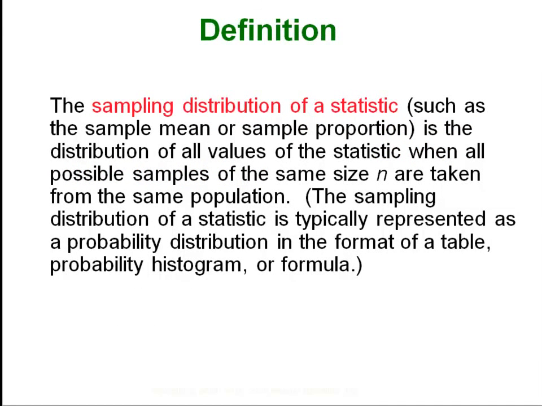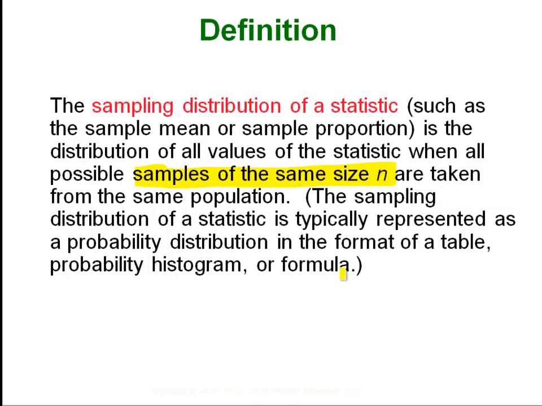Okay, so let's start off by talking about what a sampling distribution actually is. A sampling distribution of a specific statistic is basically just sampling over and over again of the same size. So you're going to take samples of the same size n from a population, and then you're going to generate a statistic from each of those samples, whether it's a mean or a proportion or a standard deviation.